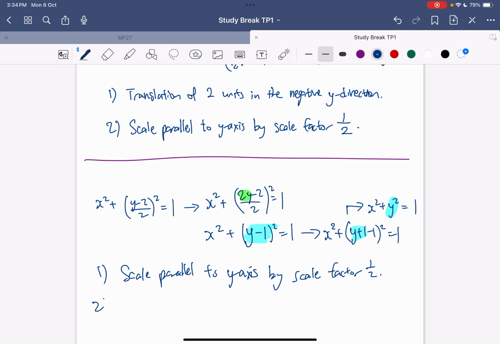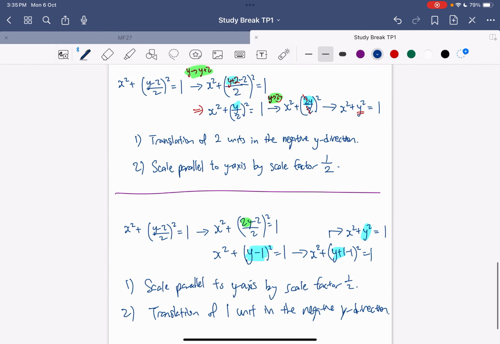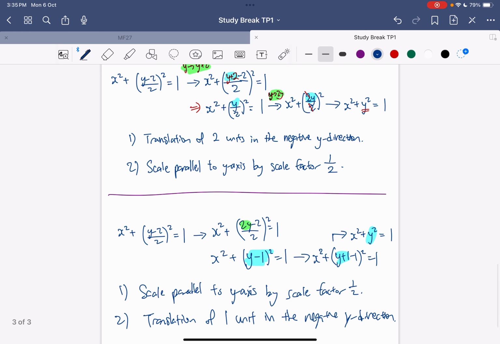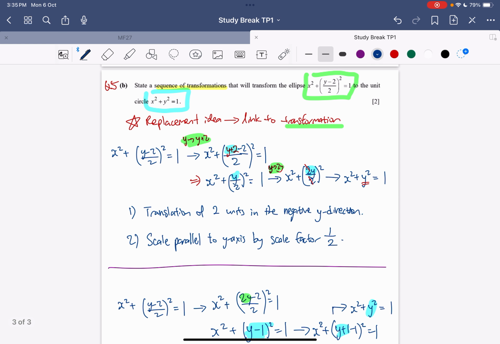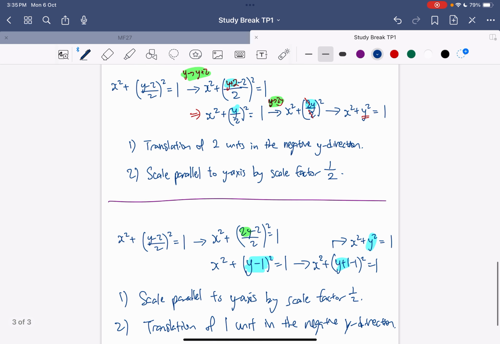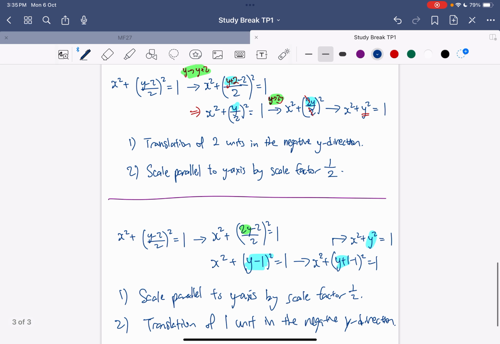So here, step 2, we translate, or we can say translation of 1 unit in the negative y direction. So this is the other method if you choose to scale first, then translate. But the overarching principle: see what is the replacement to be done to get you to where you need to go, and then link it to the description of the transformation. Okay, that's it for this question.